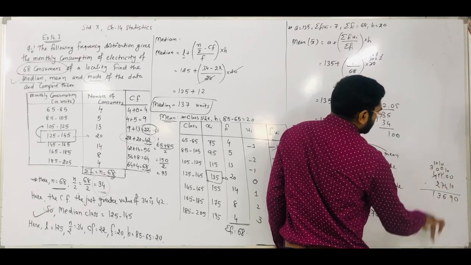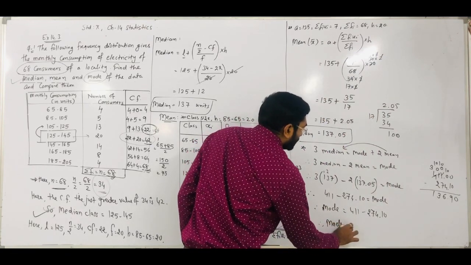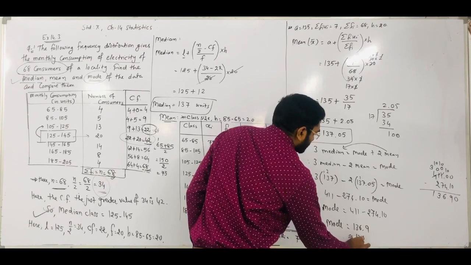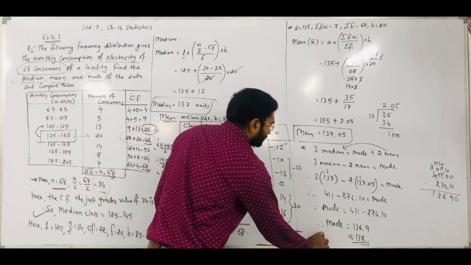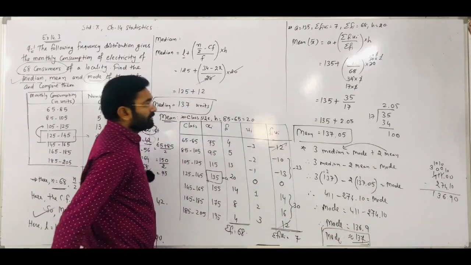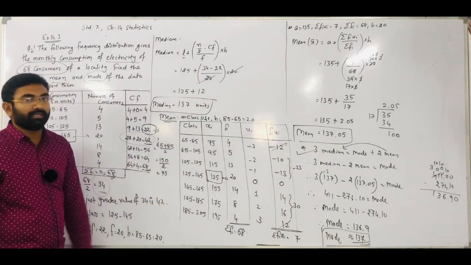And 3 minus 2 is 1. So we get the mode is equal to 136.9, or you can say its approximate value is 137 because 136.9 is there. So the mode value we get approximately is 137. Okay. So using the relationship between mean, mode and median, we can find out the remaining value.